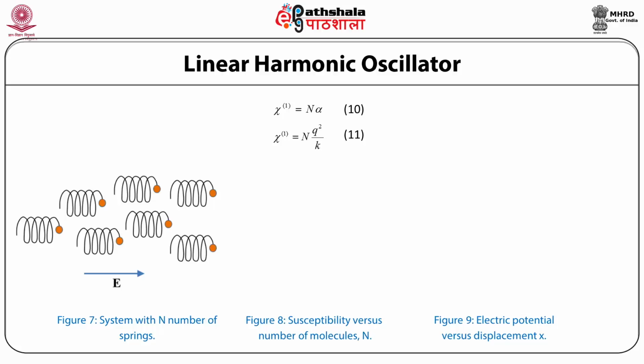So, by putting the value of alpha, we get chi1 is equal to n times Q square divided by K. The susceptibility is linear with respect to n for low concentrations.